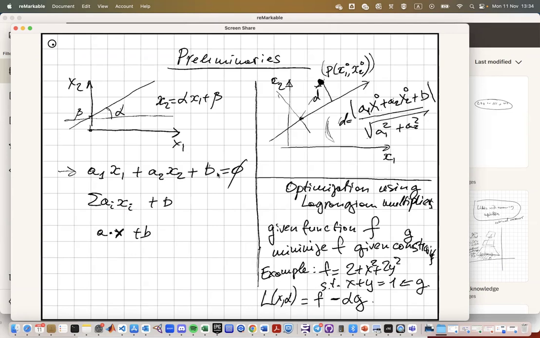So you draw a line, and you can describe this line in this way. So now your task is to compute the distance from this point to the line. I should probably remove this arrow so as not to confuse you. So this is a line.